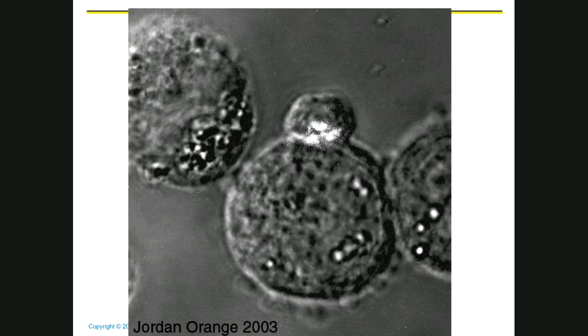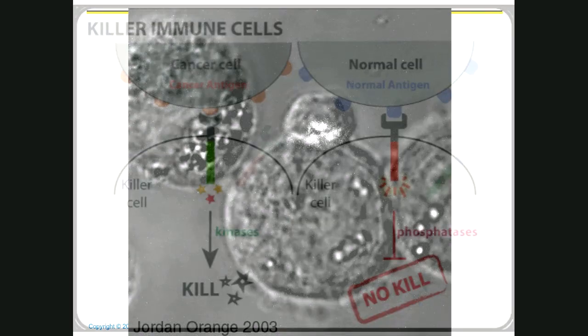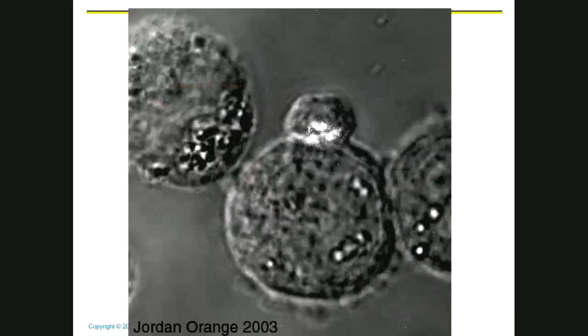This is actually happening right here. There's a natural killer cell right there. And here's a cell that's altered in some way. Well, look, they come up and they get really close. They touch the other cell. In fact, this is nicknamed the kiss of death.